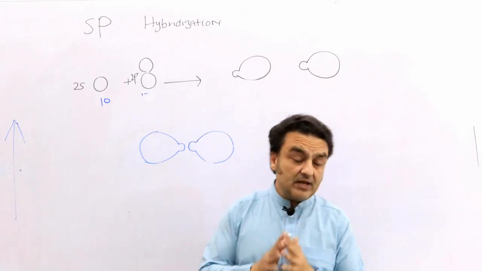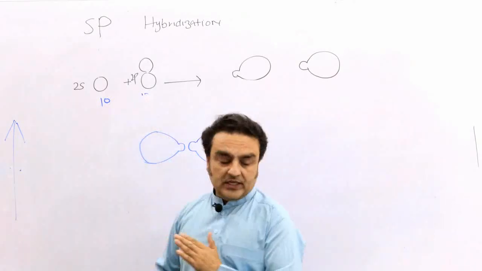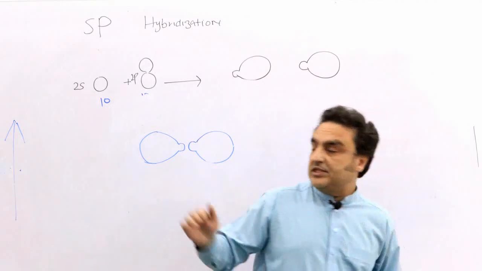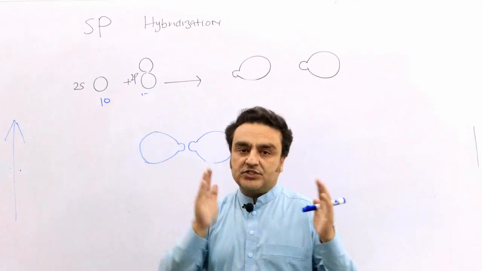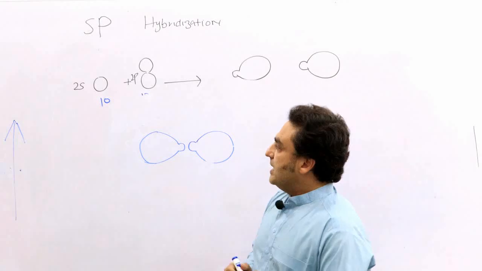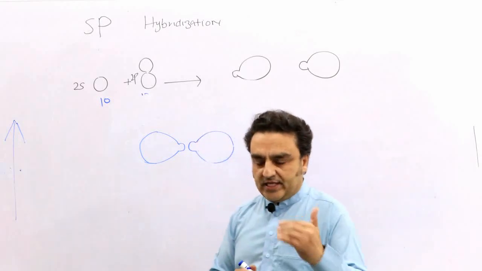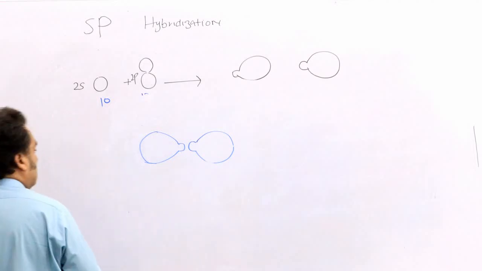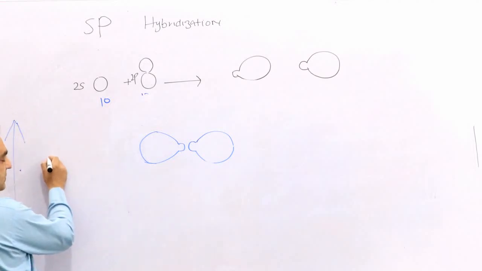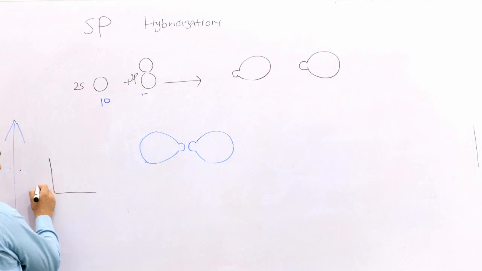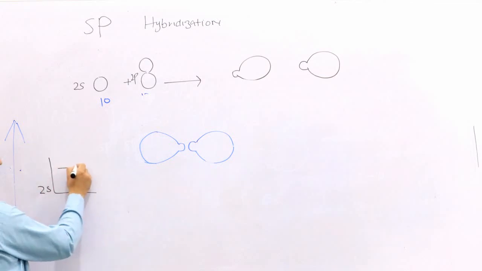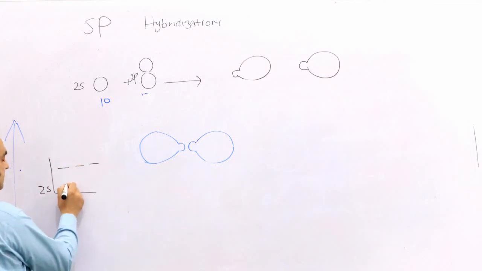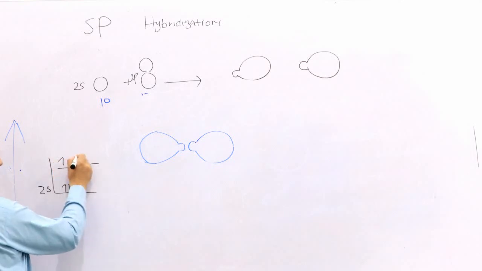But now when we go to the carbon, this is all what we are discussing. I was discussing the carbon atom. So let's move again to the carbon atom. As you know, this is 2s and 2p orbital. In the ground state it looks like this.